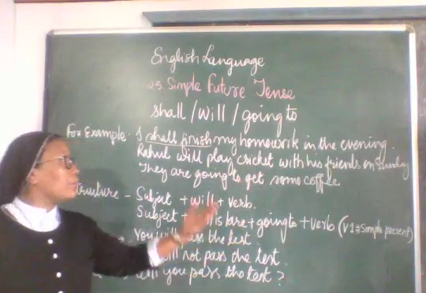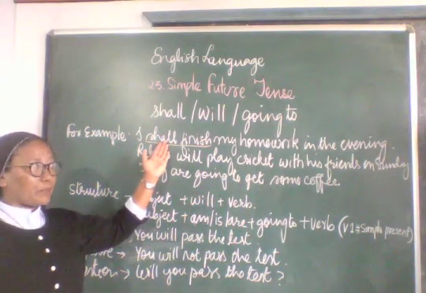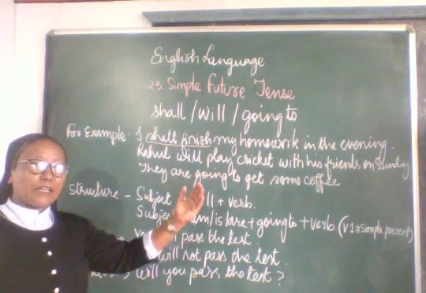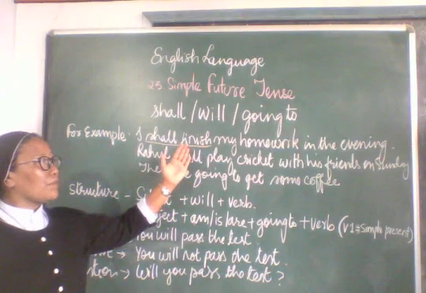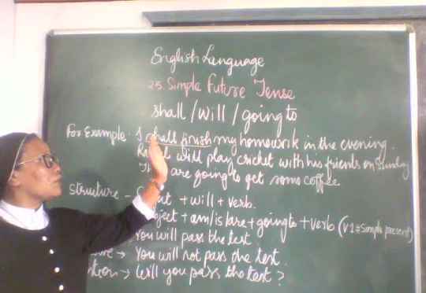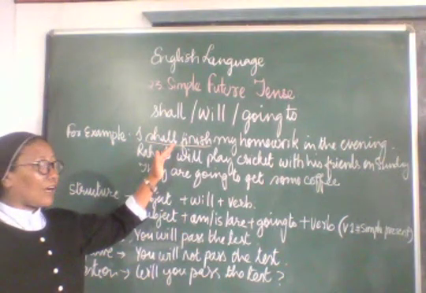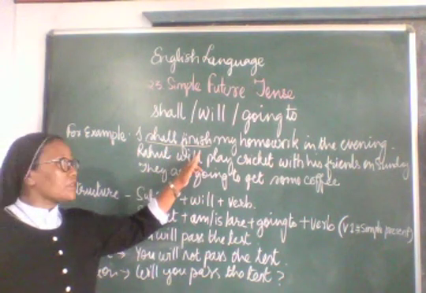It's future time, so I use the word shall to express the action that I'm going to complete in the future. Shall finish. Remember that when I use the future time with the modal shall, I will be using verb one, finish.